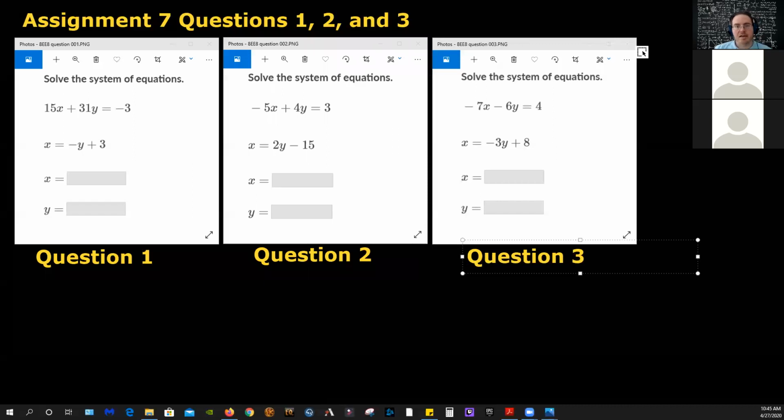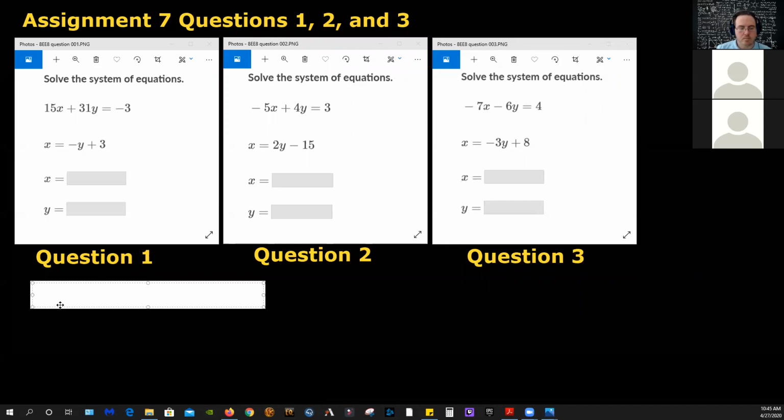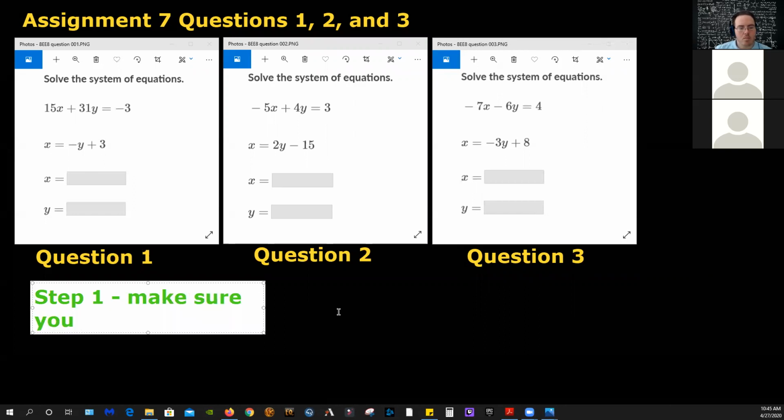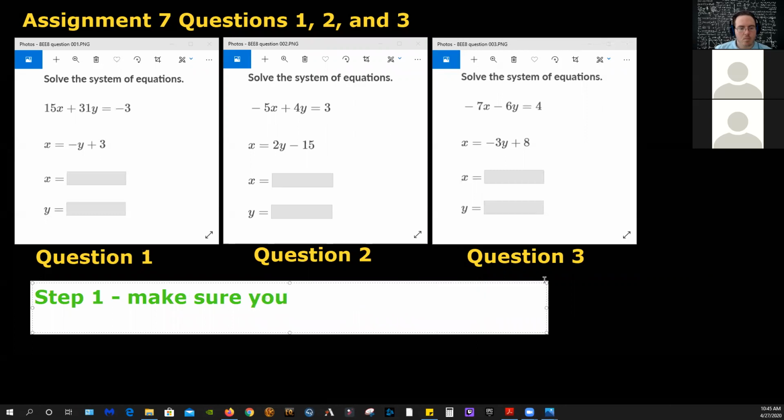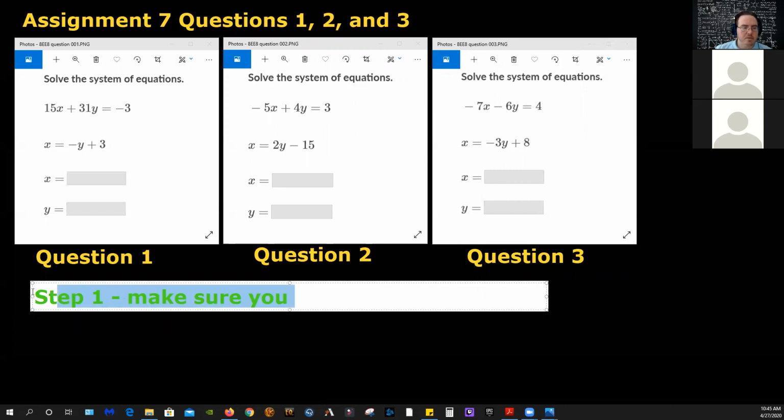So just as a refresher. Might need to make this text a little bit smaller. 1 second.